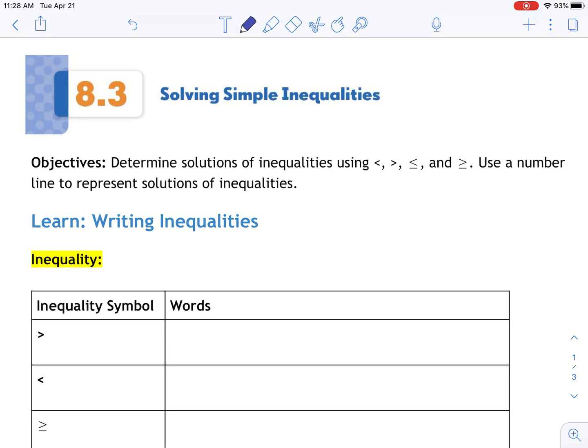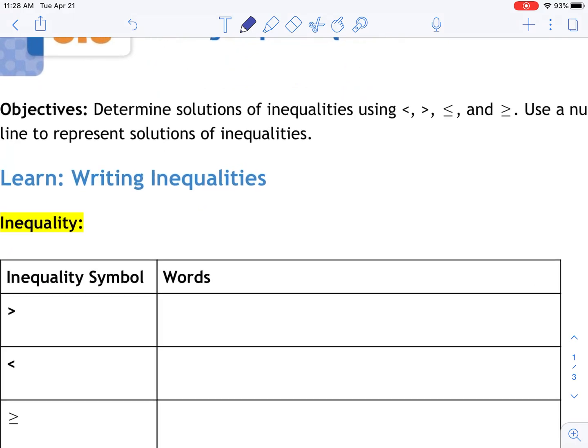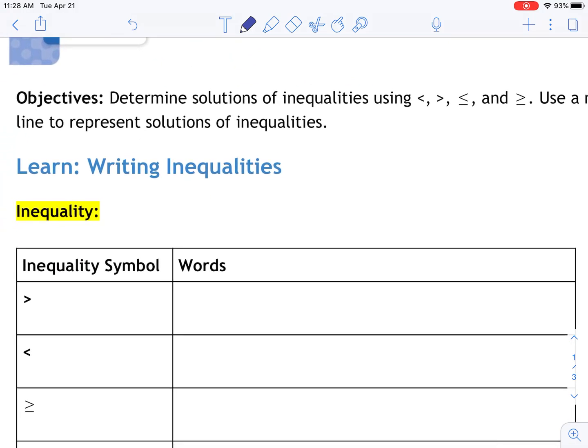Okay, so the big term that we're talking about today in this new section is an inequality, which is something that you might be familiar with already from elementary school. But just as a review, an inequality, we can write our definition down, is a mathematical sentence that compares two unequal expressions.